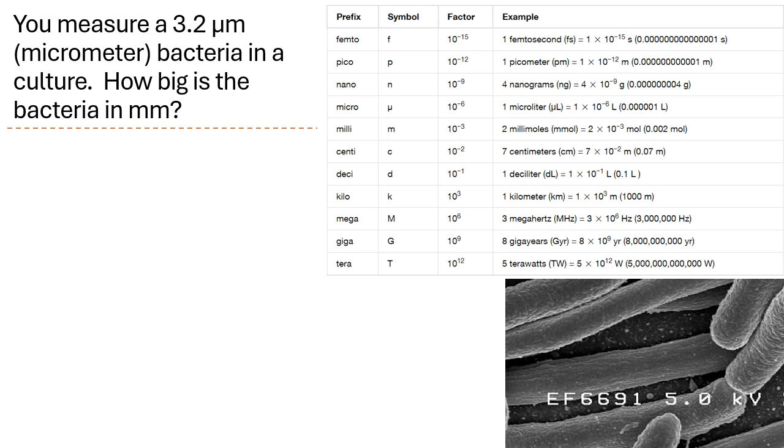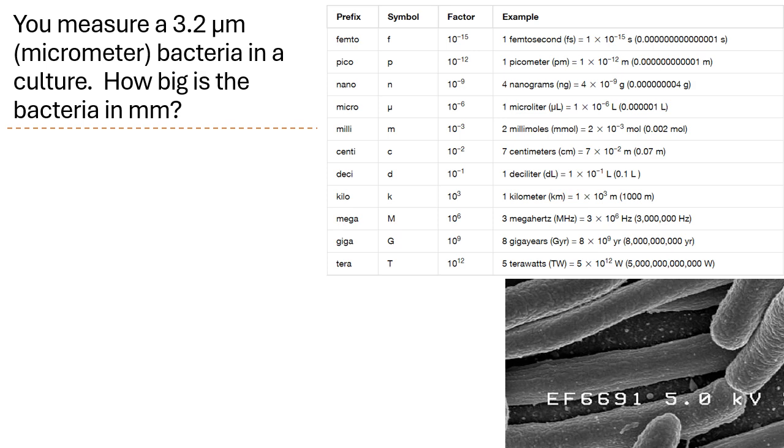So you measure a 3.2 micrometer bacteria in a culture. How big is the bacteria in millimeters? This is a little bit more complex problem than the previous two because we're not being asked to convert to or out of the base unit. Both of the units in the problems already have prefixes, so let's look at how we could approach this problem.